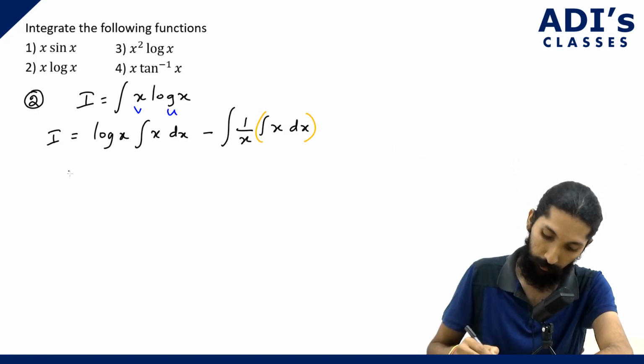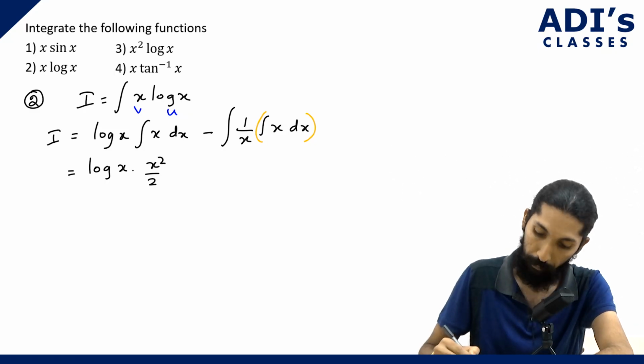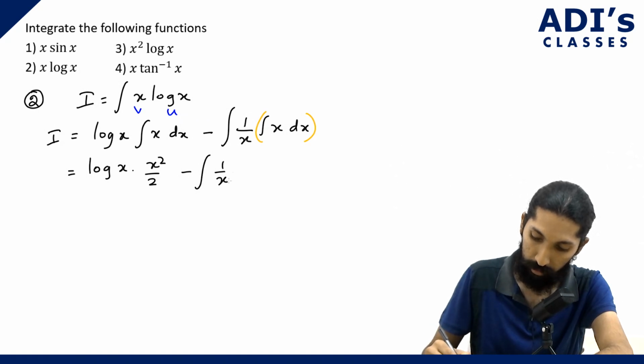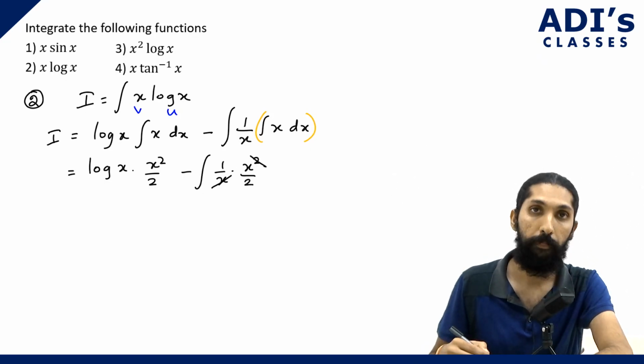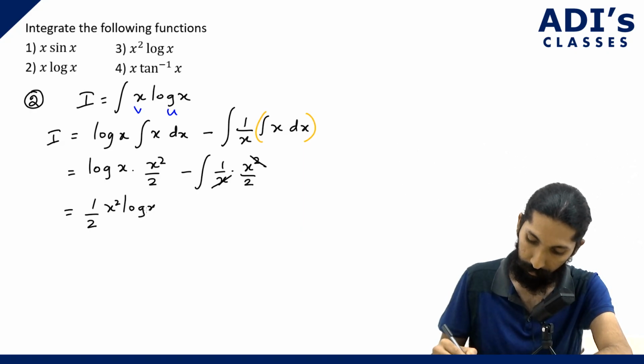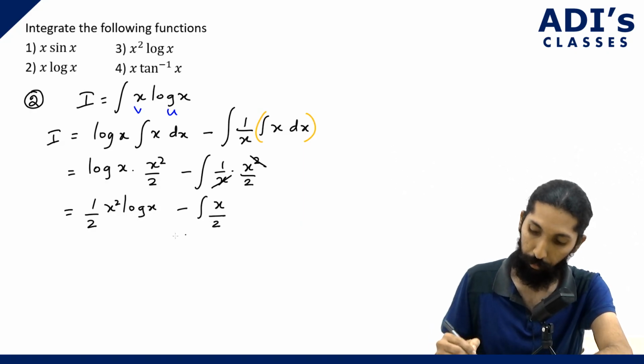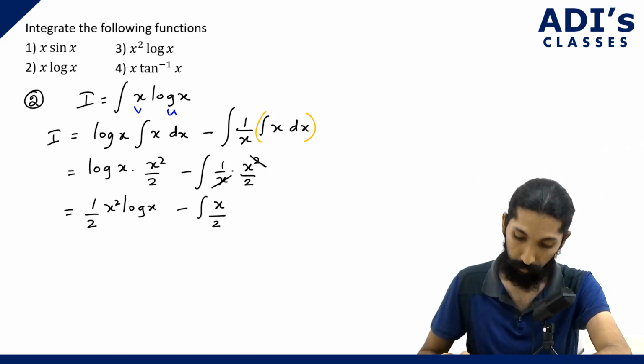Now you are going to have log of x into x square by 2, right? Minus the integral of 1 by x into x square by 2. So here this x and x cancel. And this is going to be half x square log x minus the integral of x divided by 2, correct?